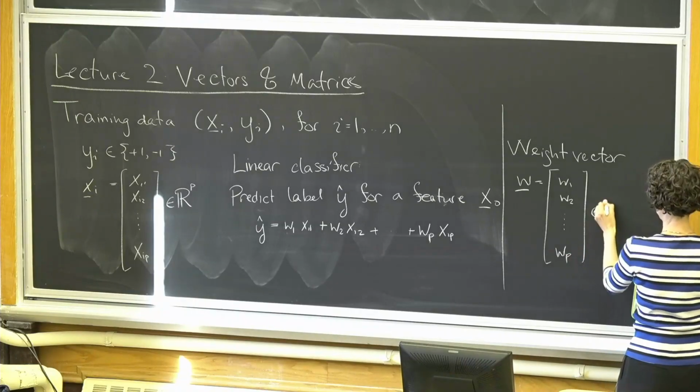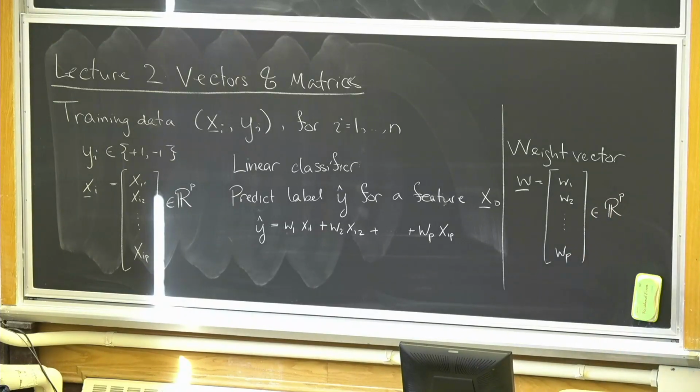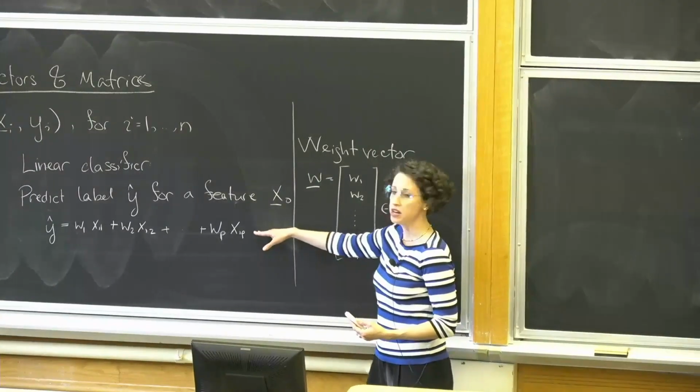And so this is also in R^p because it is a vector of real numbers and there are p different entries in it. So now that we've got these vectors, so the feature vector and the weight vector, we can establish basically some shorthand for writing these weighted sums that we're going to be dealing with.